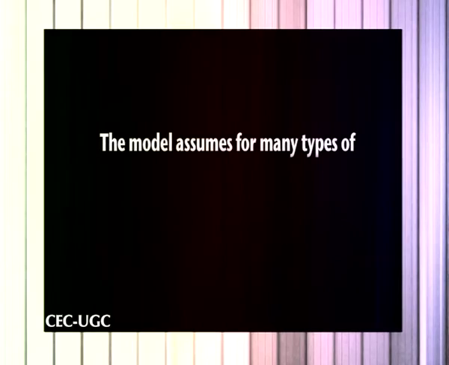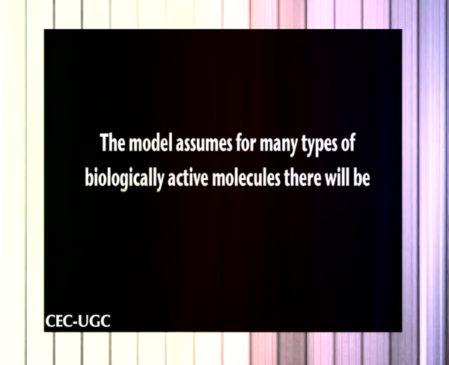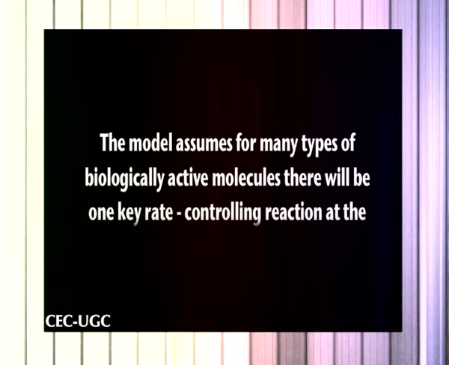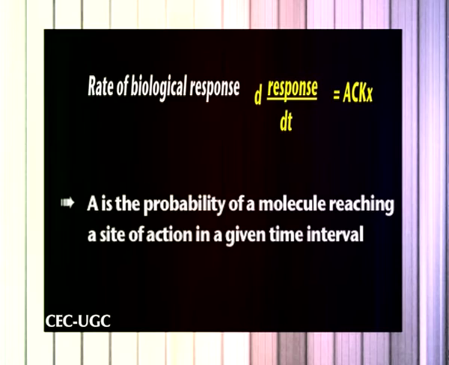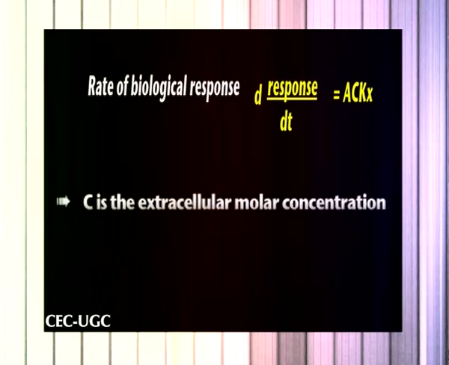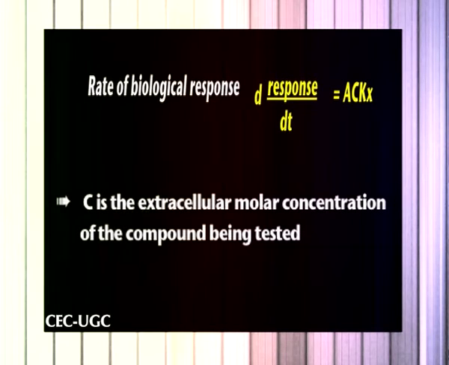This model assumes that for many types of biologically active molecules, there will be one key rate controlling reaction at the active sites. Let's put this in mathematical form as rate of biological response, that is d response upon dt, is equal to ACKX, where A is the probability of a molecule reaching a site of action in a given time interval and C is the extracellular molar concentration of the compound being tested.